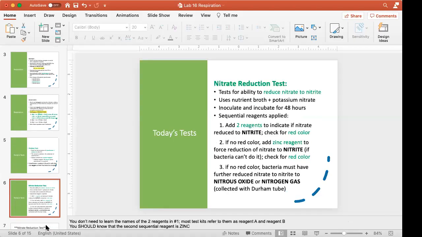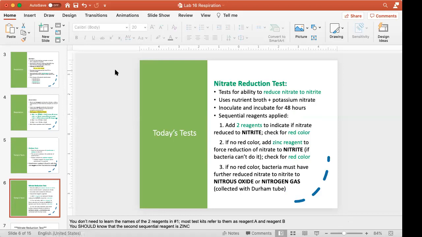Well, it turns out that all organisms who use oxygen as their final electron acceptor also use cytochrome C. So all of the bacteria that use oxygen as their final electron acceptor, the version of cytochrome that they're going to use is cytochrome C. So it's a useful piece of information to know if a bacteria is positive on the oxidase test, because it means that they use cytochrome C and that they use oxygen as their final electron acceptor.